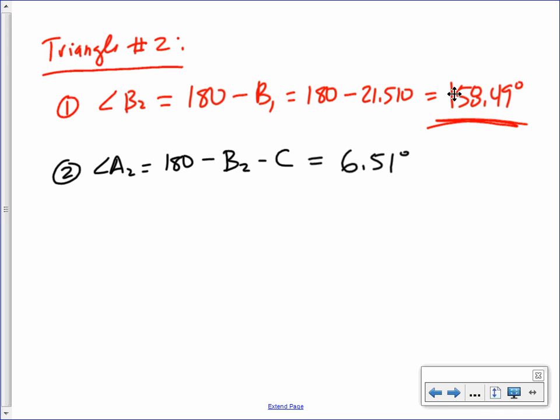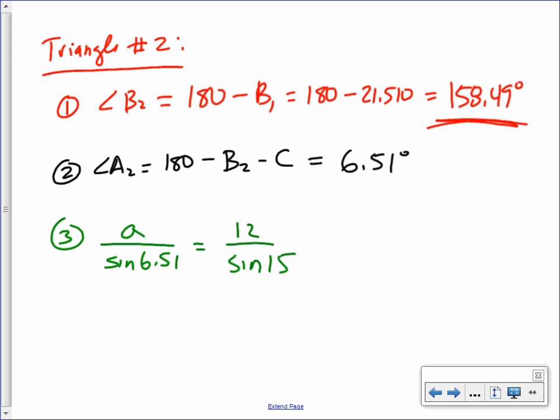So the third thing you need is side A. So A is to sine 6.51, keep the C's, as 12 is to sine 15. So A is 12 times sine 6.51 degrees, being lazy again, over sine 15 degrees.